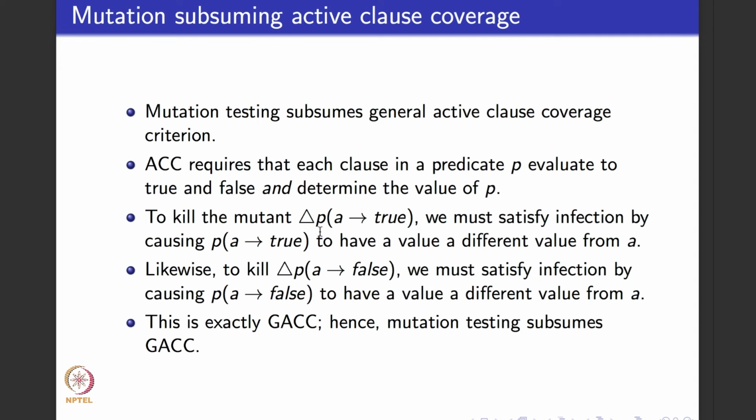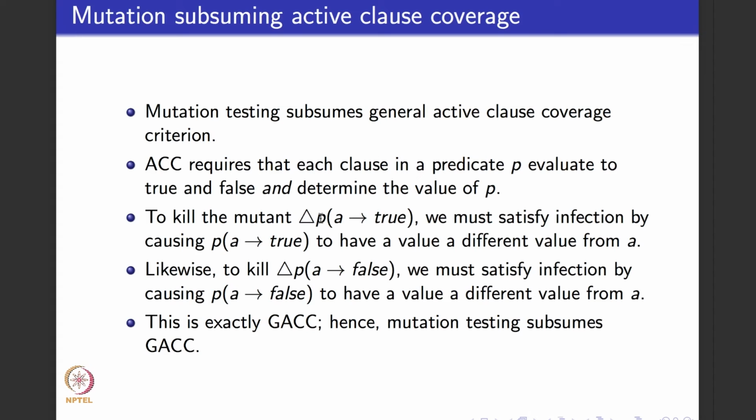Suppose, let's say I take the predicate P. Please read this phrase that I have written here as: in the predicate P, I mutate or change P by replacing A with the value true. Is that clear? So in the predicate P, I take every occurrence of A in P and replace it with true.